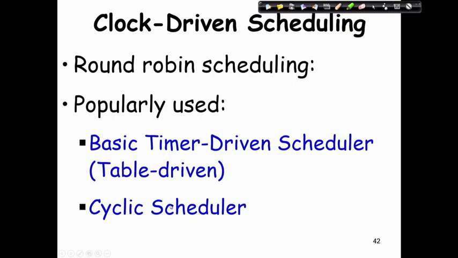That is used in traditional operating systems. But as far as the real time operating systems are concerned, we are looking at the simple end of the operating systems, the simplest operating systems used in small embedded applications, and we looked at the cyclic executive. Now, let us look at more sophisticated clock driven schedulers. First, we will look at the table driven scheduler, and then we will look at the cyclic scheduler.